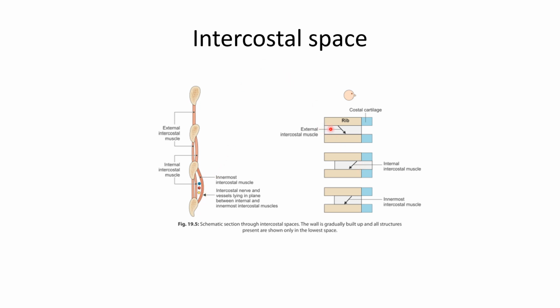Here you can revise the direction of the muscle fibers. The external intercostal muscle is directed downwards, forwards, medially. The internal intercostal and innermost intercostal are seen running downwards, backwards and laterally.